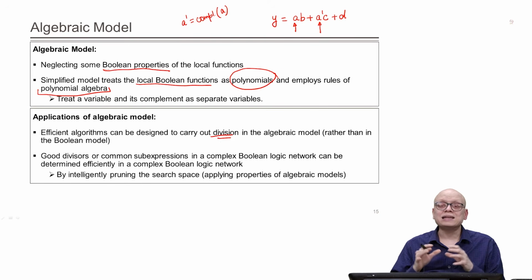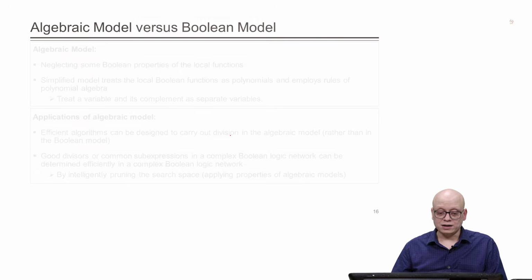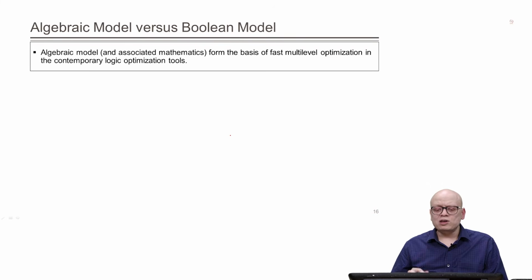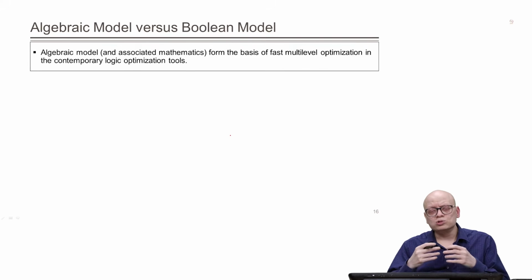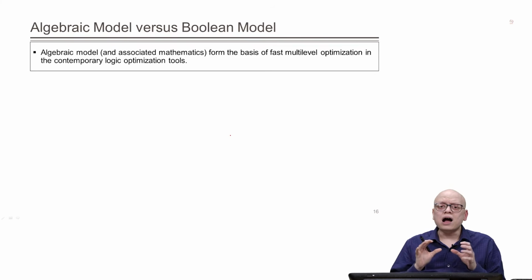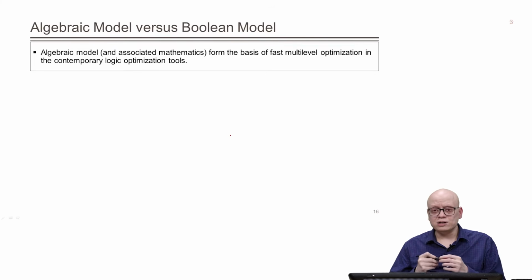That test can be performed very efficiently in the algebraic model rather than in the Boolean model. We will not go in this course in depth into the algebraic model and how division and common sub-expression extraction are determined in a Boolean logic network.